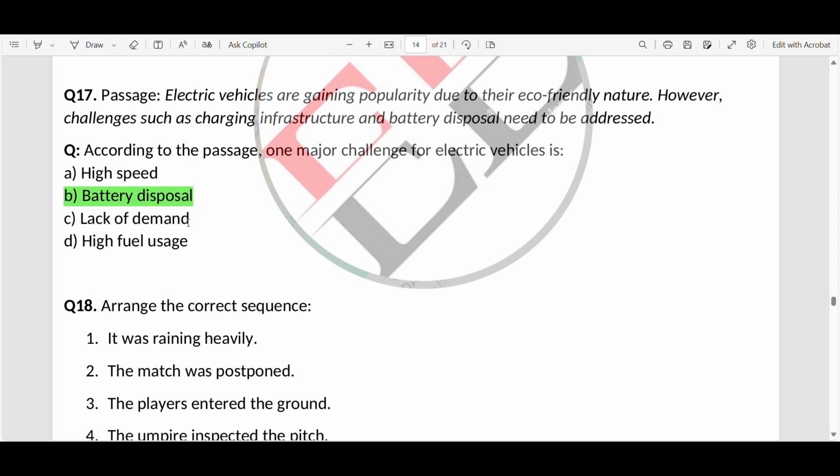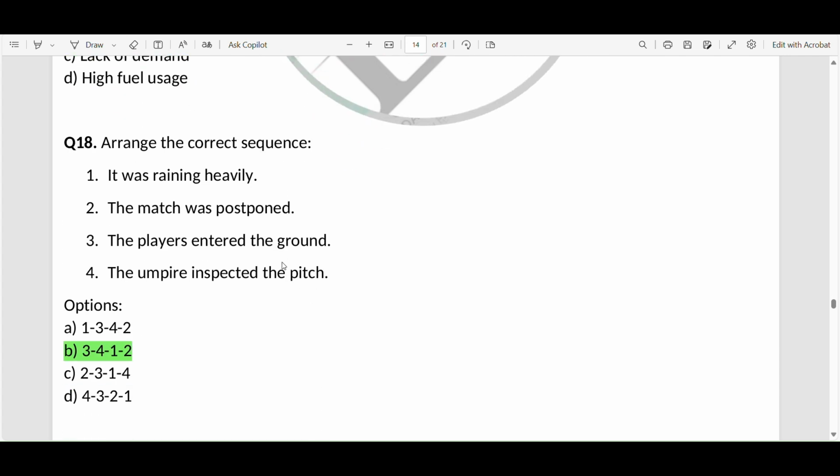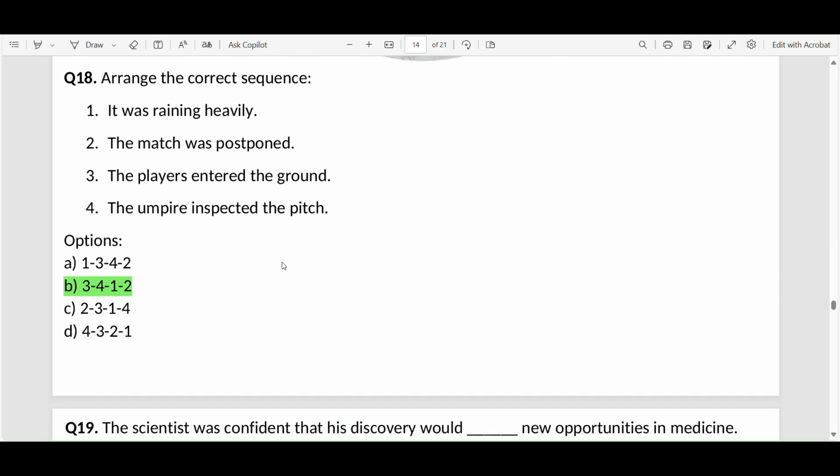No. It is full of demand now. It is gaining popularity, so C would not be the correct option. And high fuel usage. It does not use fuel at all, so how would it have fuel usage? That is also wrong. So the correct option would be B, which is battery disposal.